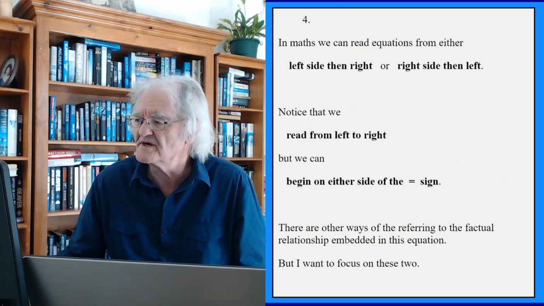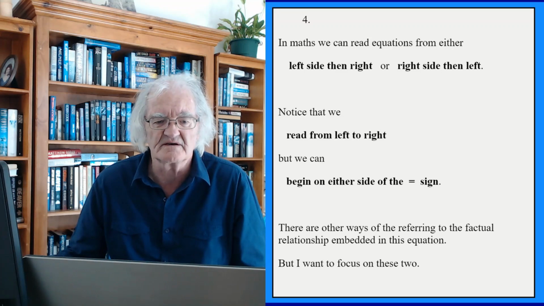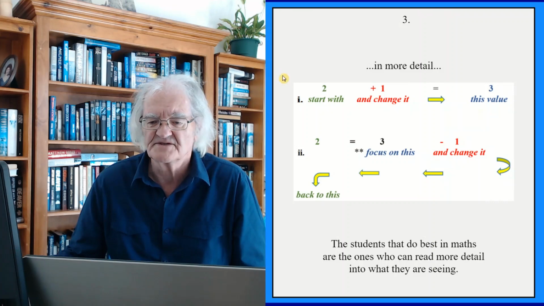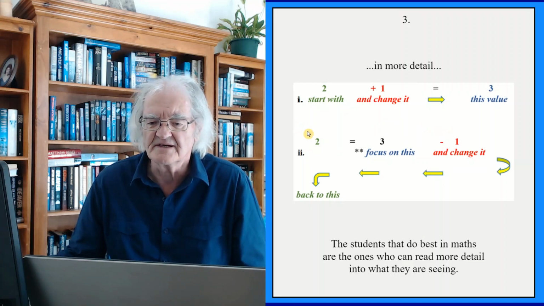In maths, we can read equations from either the left side and then the right, or the right side, then the left. Notice that we always read from left to right, but we begin on either side of the equal sign. So here, reading from left to right, 2 plus 1 equals 3. If I want to begin reading on the right-hand side, 3 minus 1 equals 2.